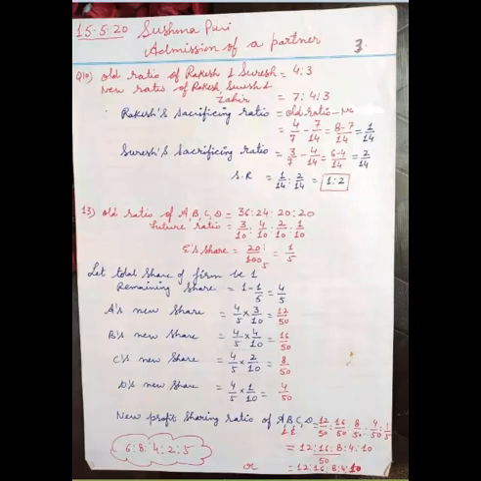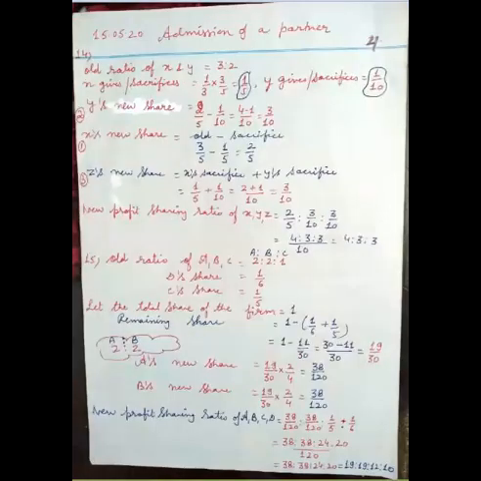Okay, beta. Now see the next question. See question number 14. Very, very important question, beta. X and Y are partners sharing profits and losses in the ratio 3:2.